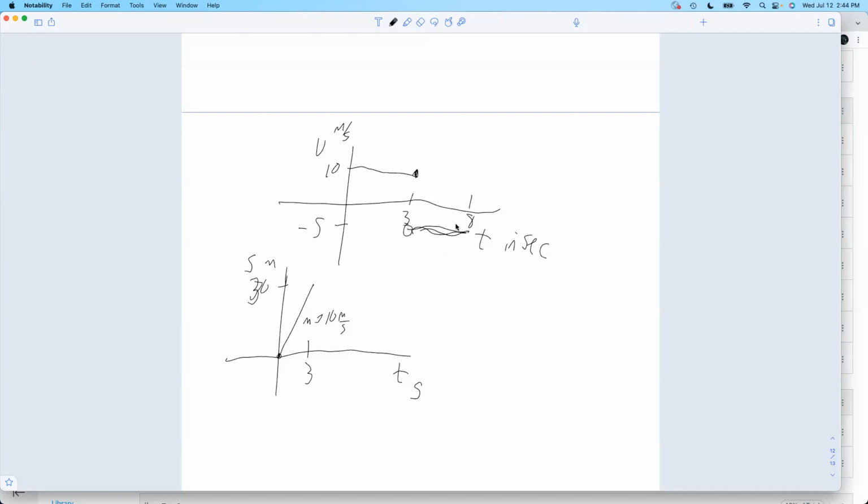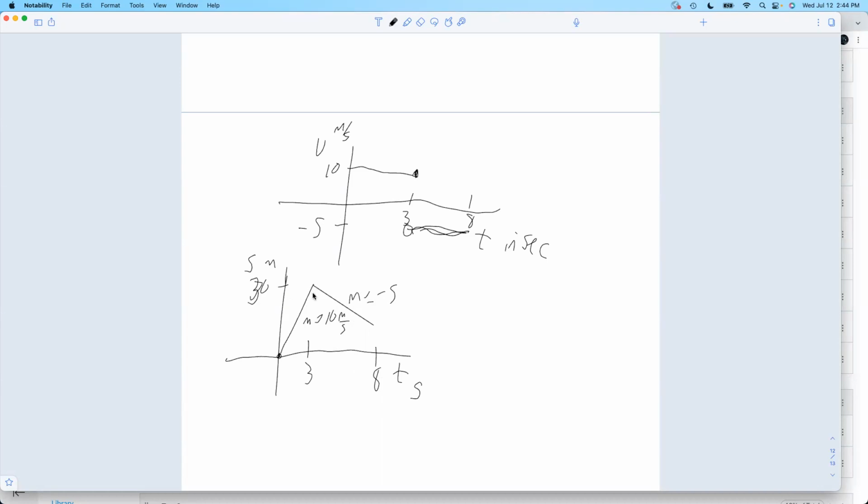Now I start walking backwards, back towards the house at -5, or since I'm walking backwards, at 5 meters per second. So that will mean I'll have a slope of -5 up until 8 seconds. So here my slope is -5.